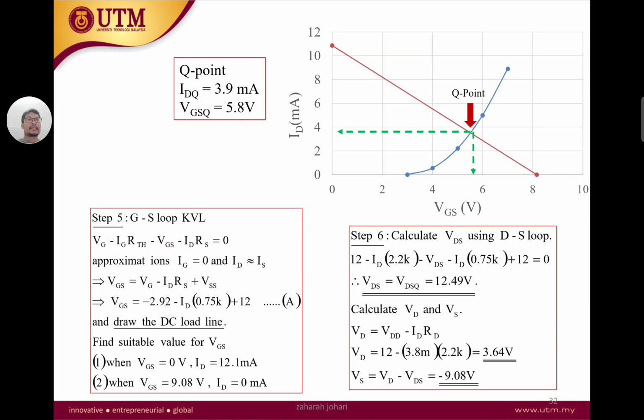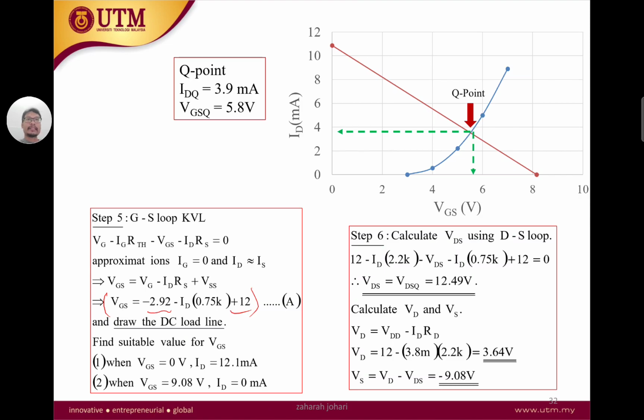So let's see how they calculate here. Here is your load line equation: minus 2.29 minus ID 0.75K plus 12. Same analysis as before, except that we have a negative 2.29 there, plus 12.